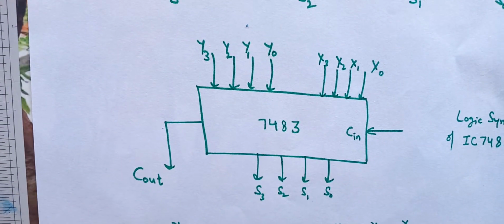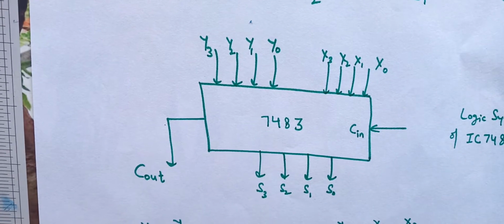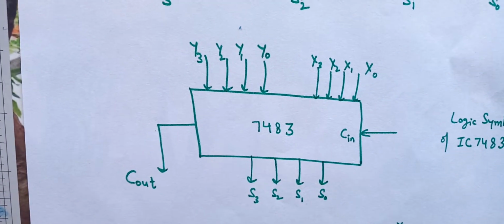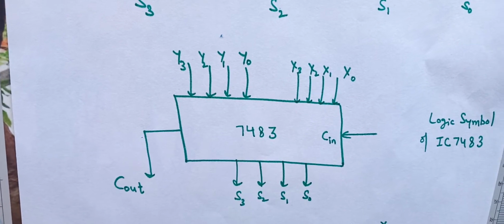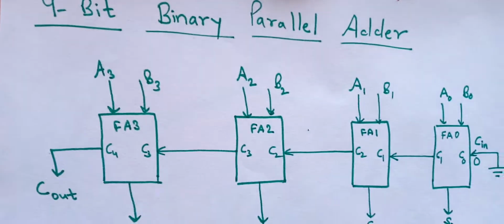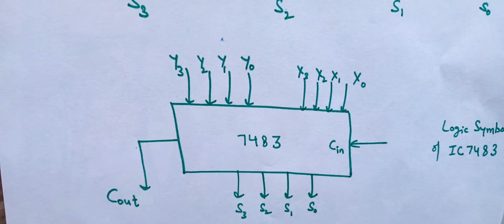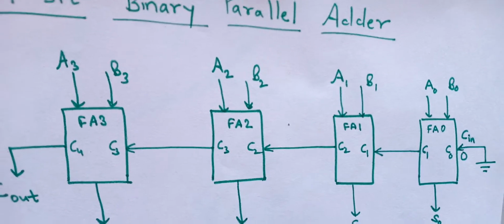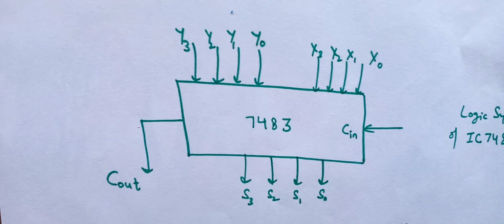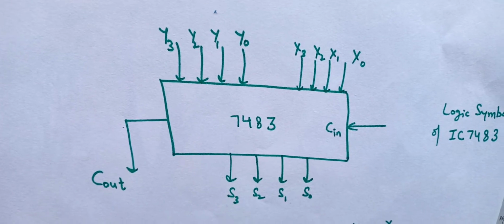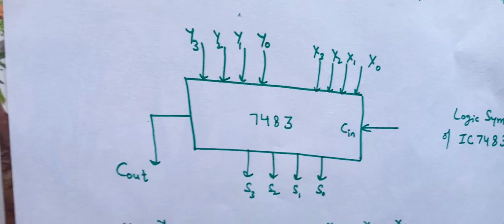So we can get the output in the form of the sum S3, S2, S1, S0 and the output C out. This X3, X2, X1, X0 is same as B3, B2, B1, B0, and Y3, Y2, Y1, Y0 is maybe same as A3, A2, A1, A0. So these 8 inputs along with an input carry can lead to 4 outputs S3, S2, S1, S0 and an output carry C out.